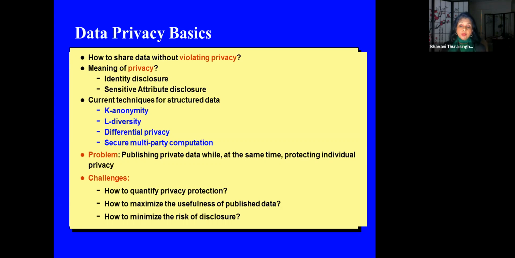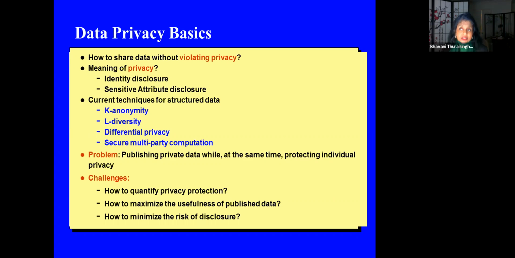So what is the problem? Publishing private data while at the same time protecting individual privacy. Challenges: how to quantify privacy protection. So you need metrics, and how do you quantify? How to maximize the usefulness of published data, and how to minimize the risk of disclosure. Because what is the point in randomizing, perturbing, changing all of the data so that at the end it becomes really useless, because you have masked it so much that it cannot be used?